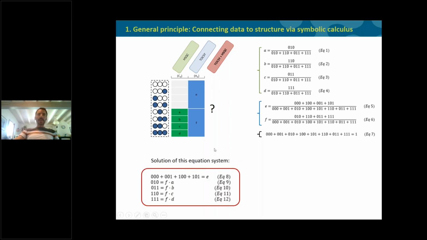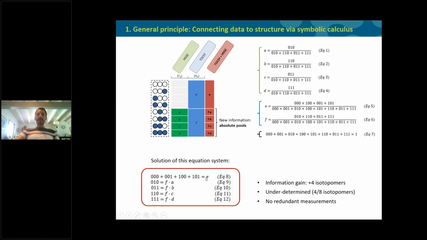When we solve this equation system, that is, when we express the isotopic species as a function of the measurements, we end up with these 5 equations, which means that we have a gain of information. When applying only HSQC or TOCSY, for instance, we cannot access the absolute pool of this isotopic form, but when applying this formula, the one I showed you in the introduction, we can access the absolute pool of the species labeled in position 2.